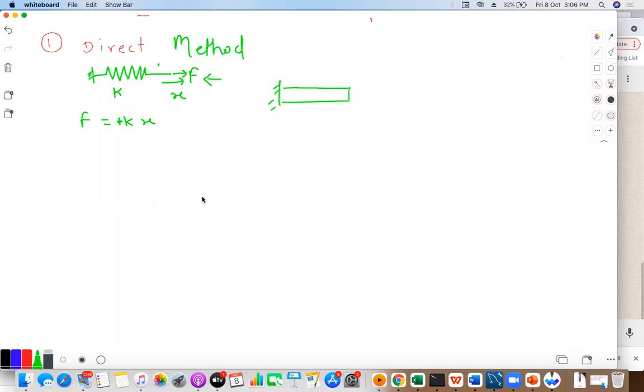Now, in a similar way, if I take this simple rod and apply this force P, let us say L is the length of this rod, A is the area, and E is the Young's modulus. Now, if it has the elongation of x, then I can write P is equal to AE upon L into x.